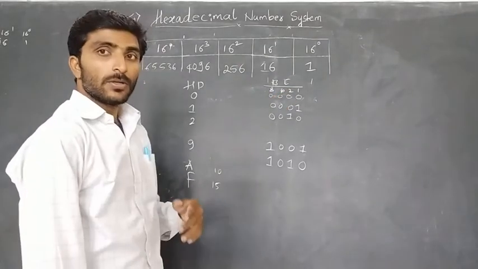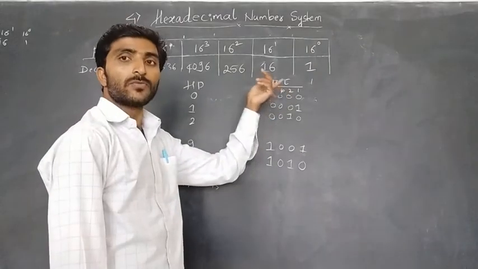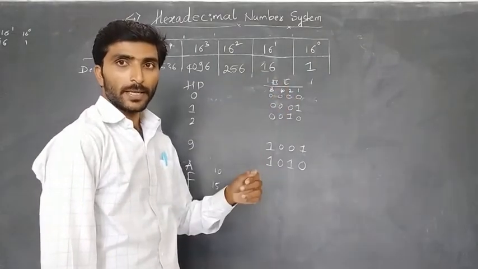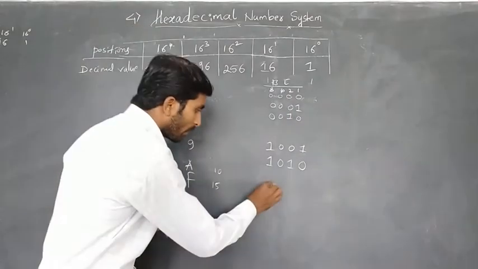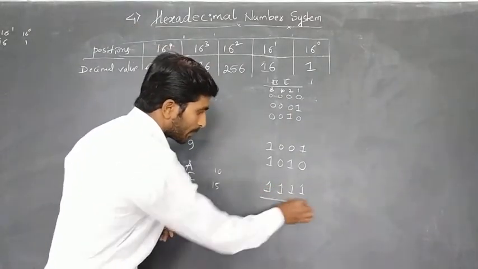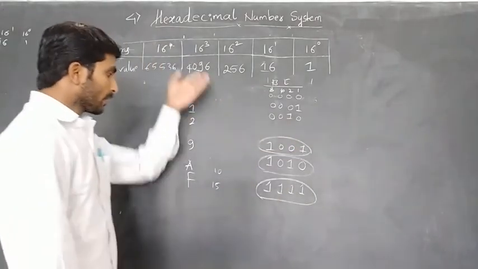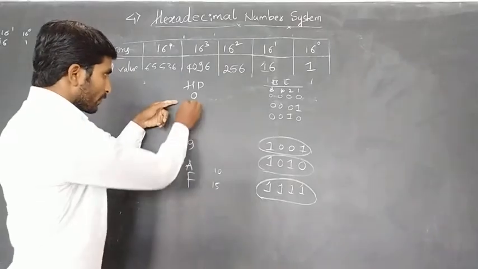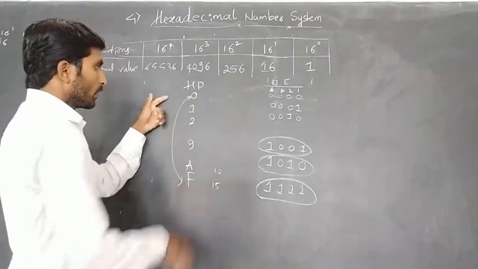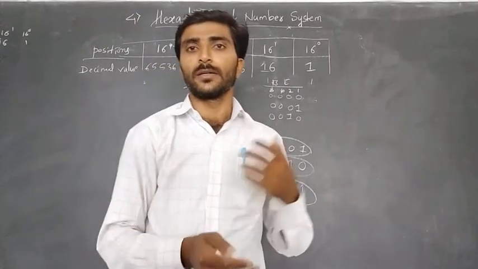So when you add all 4 bits you get 15. For that, in all places you write 1. That is equivalent to 15, this is equivalent to 10, this is equivalent to 9. Like this you will write 0 to F, because we have only 16 digits in hexadecimal.